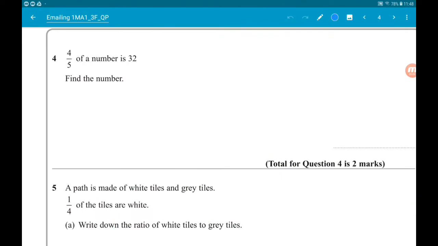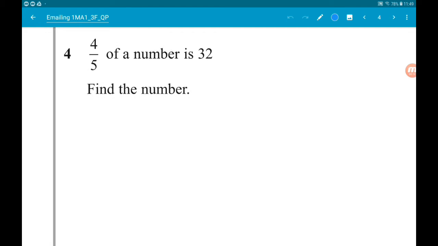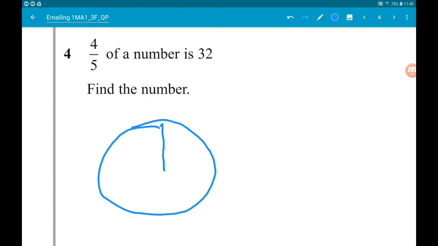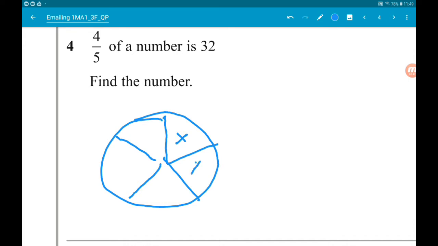Okay, number 4. 4/5 of a number is 32. We want to work out the number. Imagine that you're at a pizza place and you've eaten 4/5 of a pizza, and you only pay for what you eat. So let's say we've eaten this one, this one, this one, and this one.